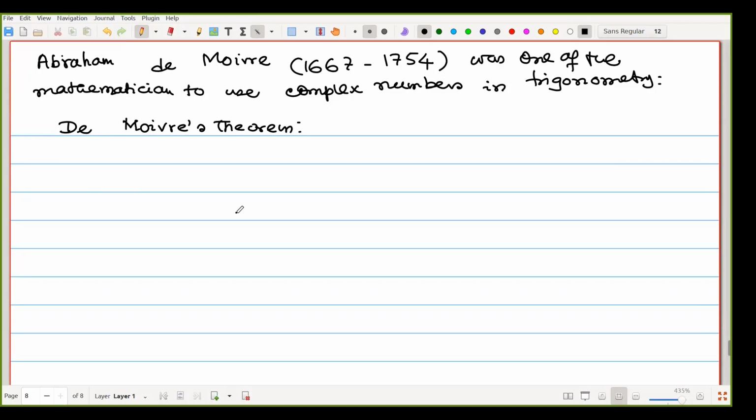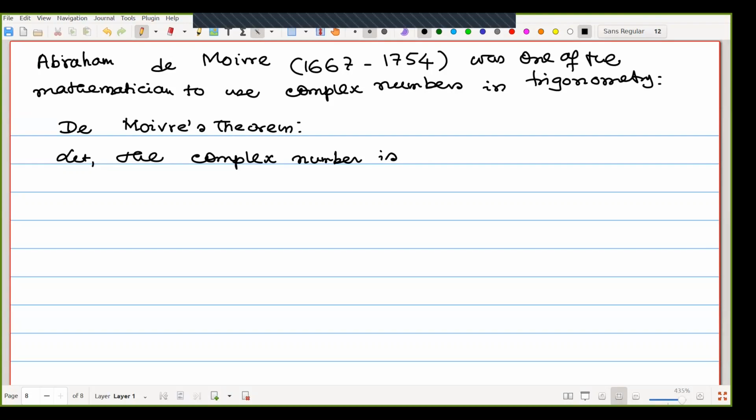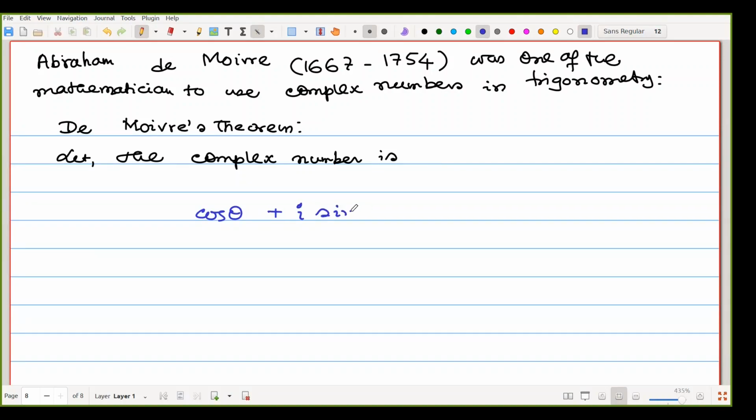So what he says, practically, is: suppose the complex number is given in trigonometrical form, in place of x we are writing cos theta, and in place of y we are writing sin theta, and we have any integer, that is small n.